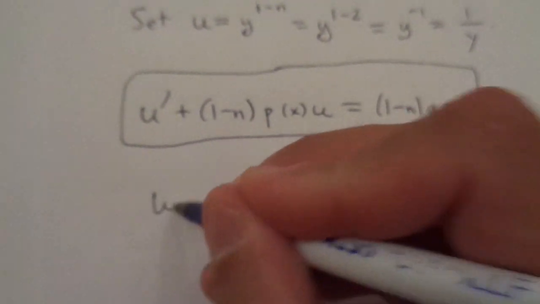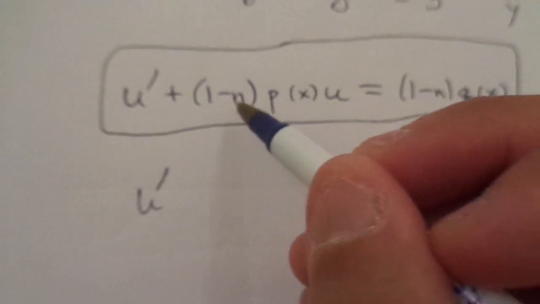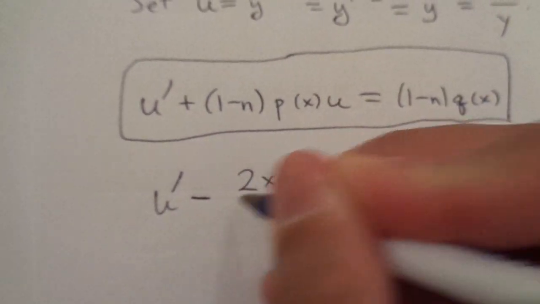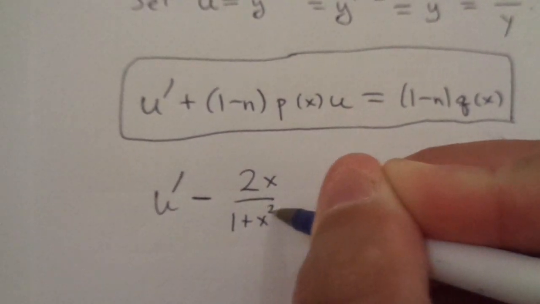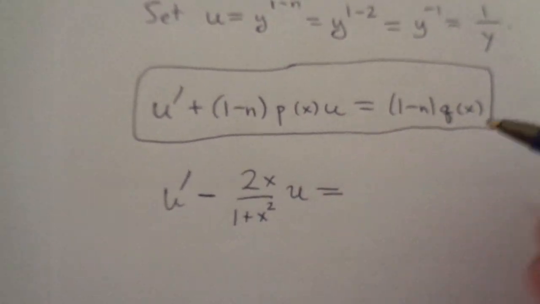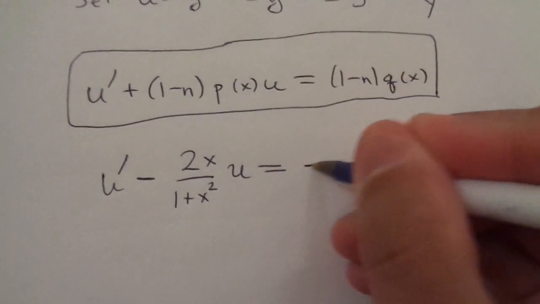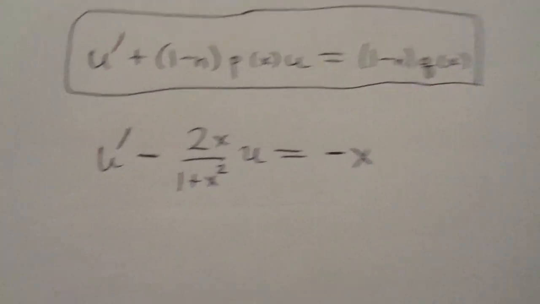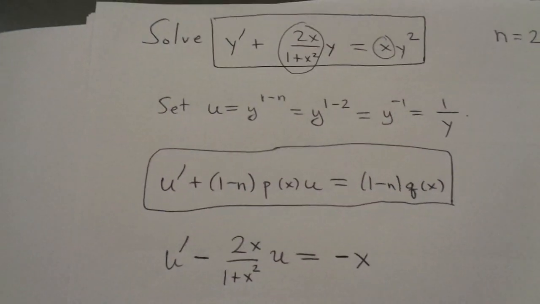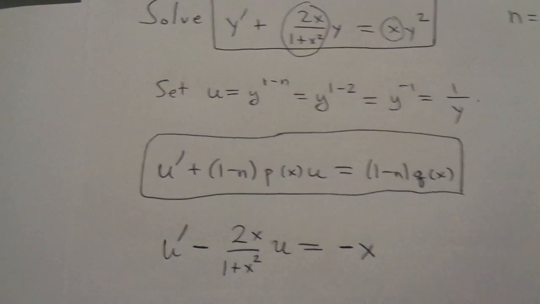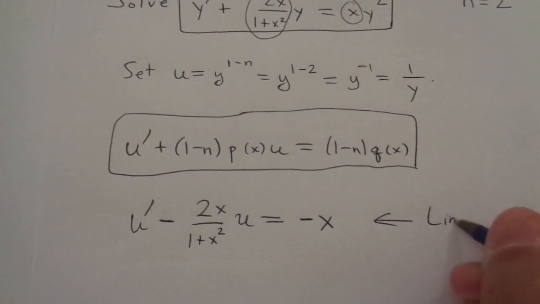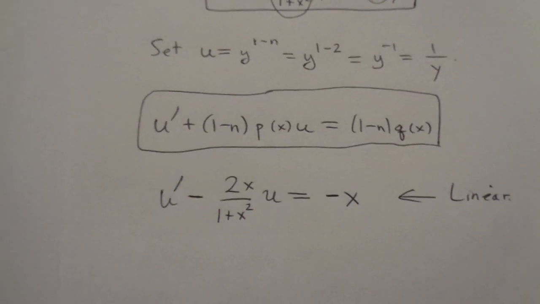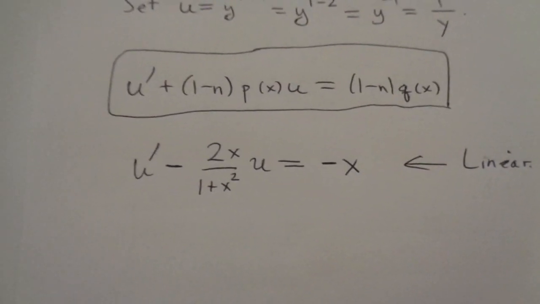So this is going to become u prime, 1 minus 2 is just a negative, and then we have the p of x that was given in the original problem, times u equals, and then again a negative 1 for the 1 minus n, and then the q of x, which is just x. So there is the new differential equation, and this one is, as promised, linear.